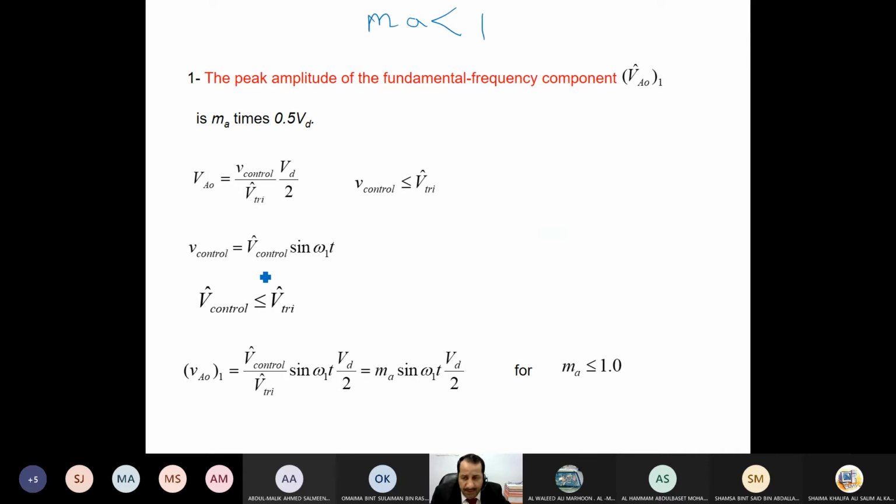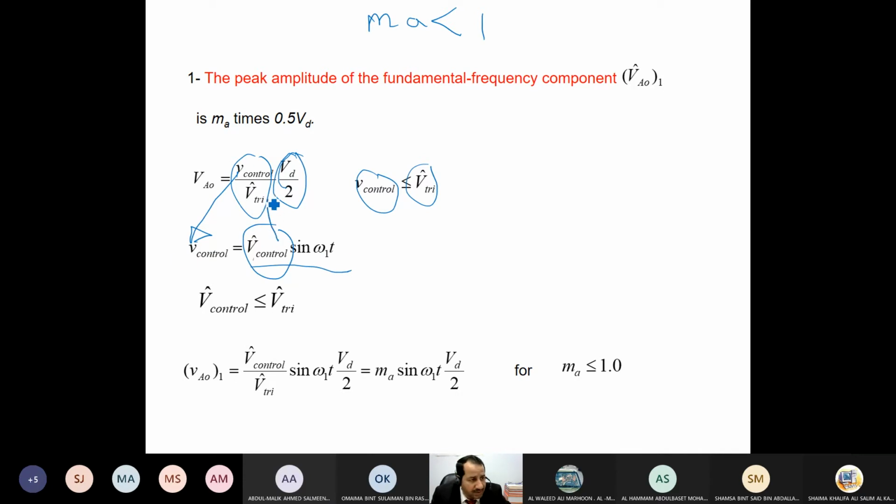Now, the peak value, or the output voltage, can be found in this way. Have a look. The voltage for V control lower than V triangle, as explained, is the input voltage times the comparison between control and triangle. And since V control is a sinusoidal waveform, its maximum value is sine omega 1t.